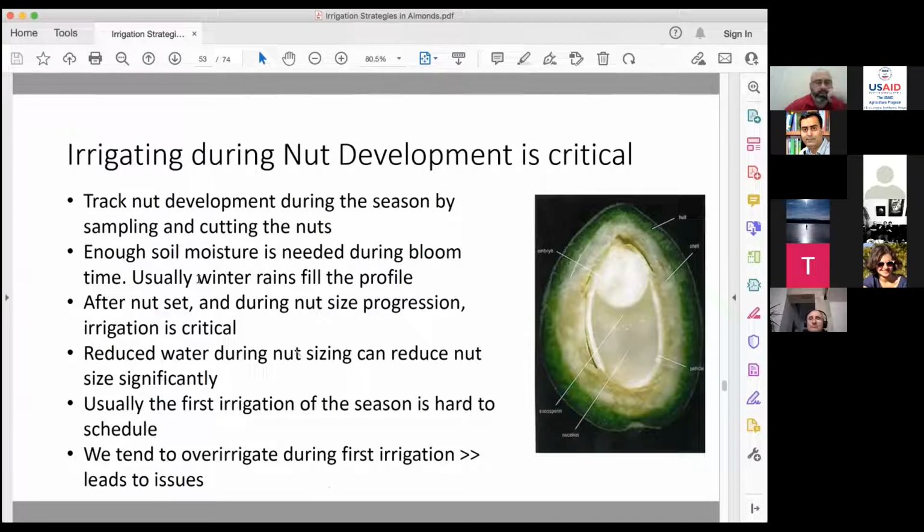Most of the growers who have plenty of water typically start the first irrigation of the season too early, and I have seen that creating a lot of problems in a few weeks. You have probably seen in May or June, during the period when the almond kernel is still milky, your almond trees showing leaf yellowing in the middle of the canopy.